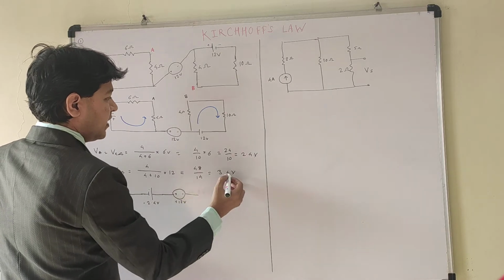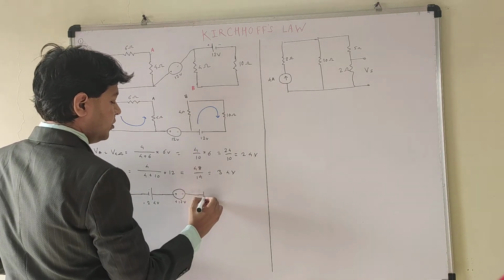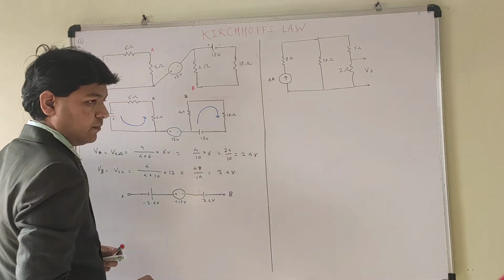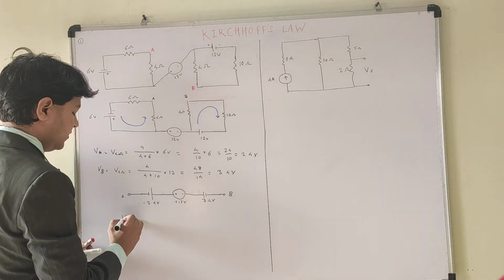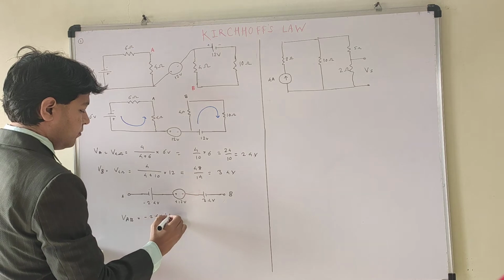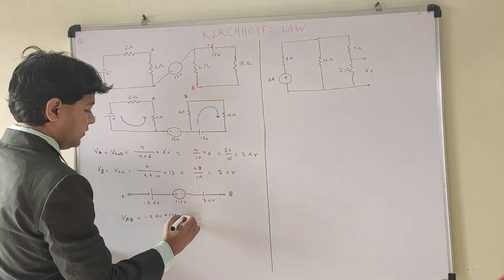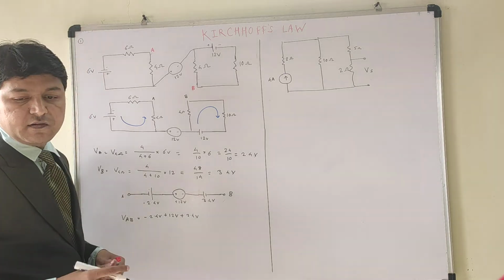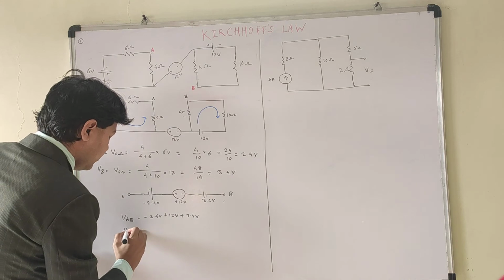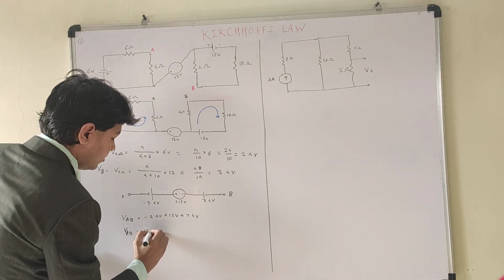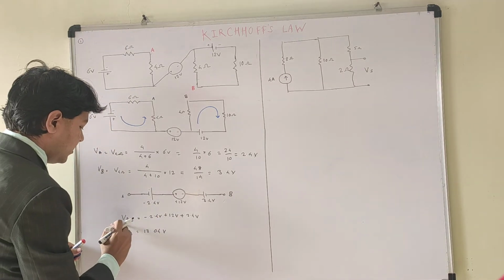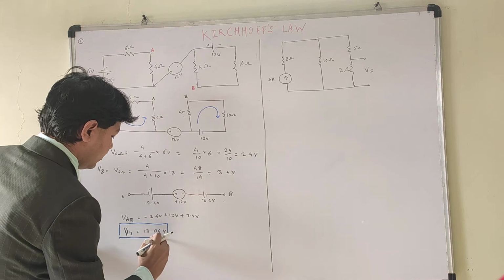And the last is 3.4 volt, positive to negative, and here it will come B. So the voltage VAB is given by minus 2.4 volt plus 12 volt plus 3.4 volt, and the final value is 13.04 volt. This is your final answer: VAB is 13.04.